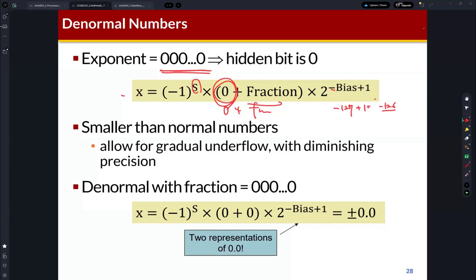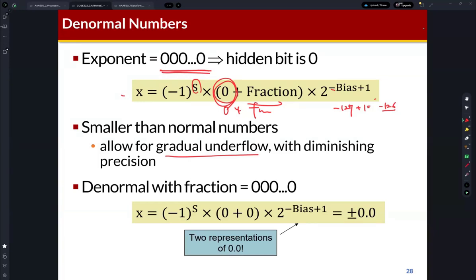If the exponent field is all zeros, it represents a very small number, so we slightly change the representation. It is used to represent numbers smaller than normal numbers, and it allows for gradual underflow. It is used for representing very small values.